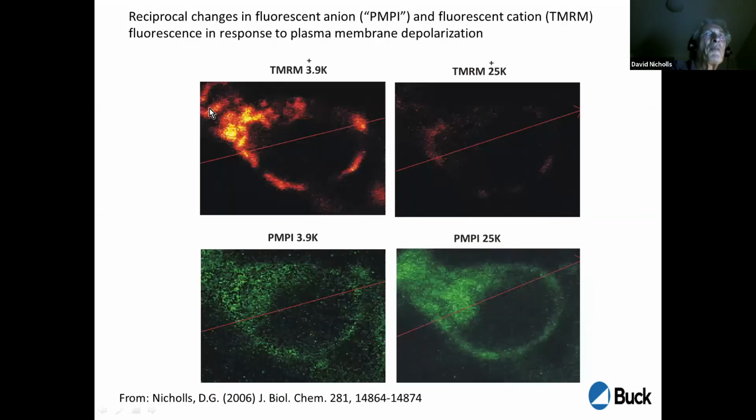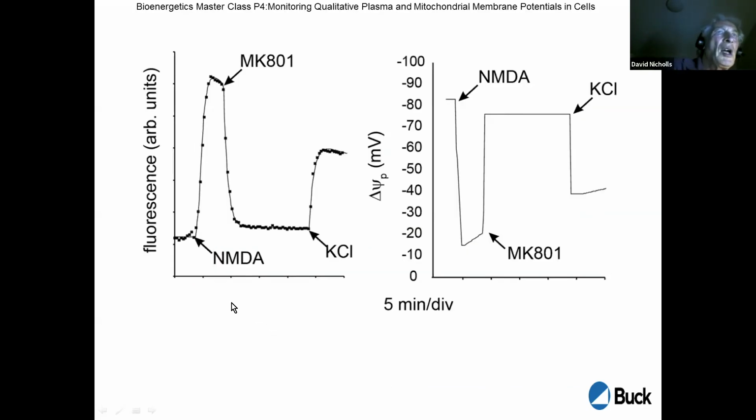This is showing what happens when we depolarize the plasma membrane potential by increasing the potassium concentration. The PMPI fluorescence gets brighter and the mitochondrial fluorescence gets dimmer. And we can put this into various equations. This is going back to NMDA and excitotoxicity from yesterday.